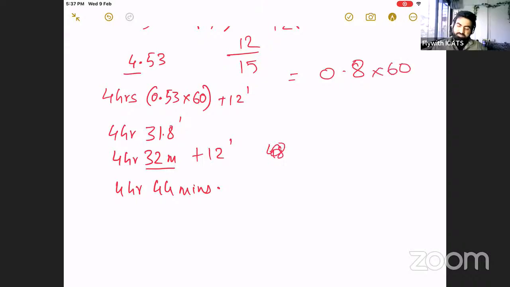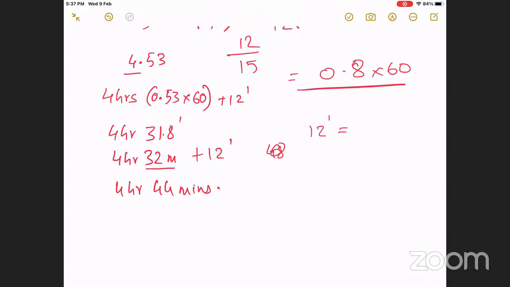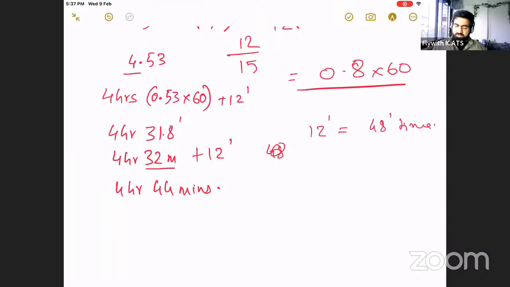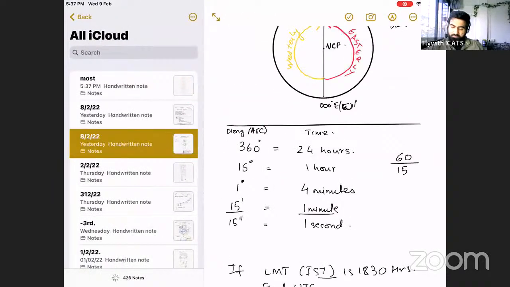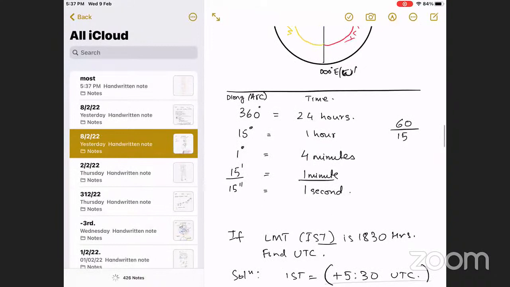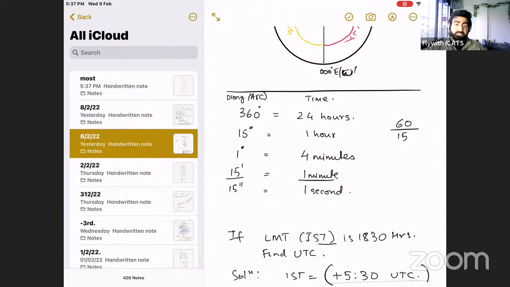Yes, this makes sense. So 12 minutes of arc length is actually giving me 48 minutes of time. Does it sound accurate though, looking at this? No, sir. Then what is it?